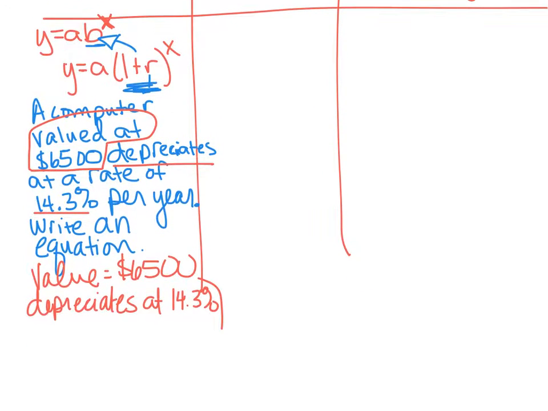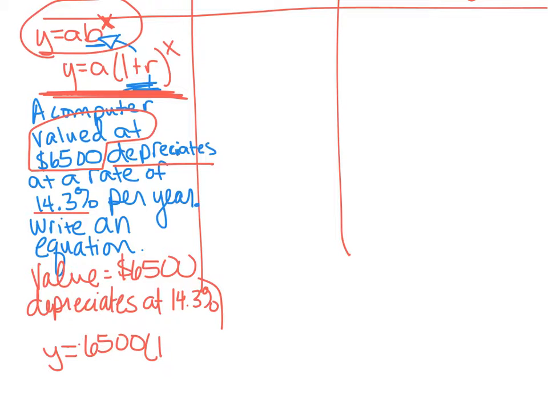I could go straight into this, but again, this step is to help you break it down. So y equals your a, which is your starting value, so 6,500 times 1. Now, I have the plus there, but if it's depreciating, that means it's decreasing.